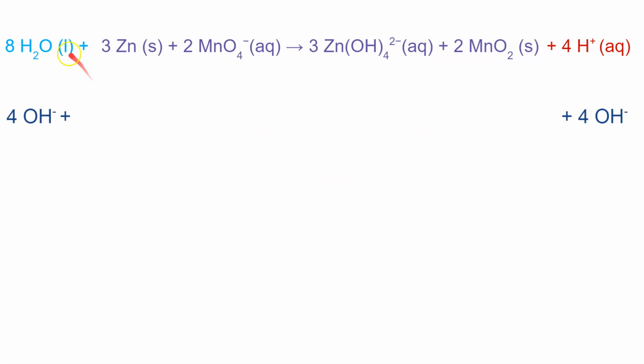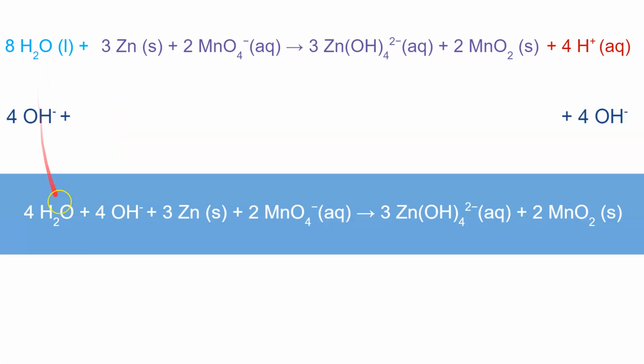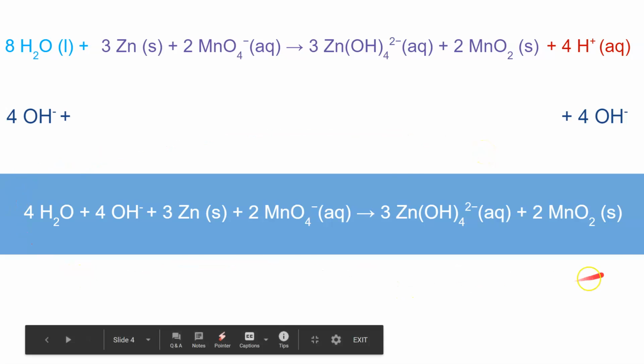And on the reactant side, the H2O is going to actually combine with the OH minus. And so you're going to see that we have 4 waters, and we have a remaining 4 OH minus that was not canceled out from this product side. So this is our overall reaction.